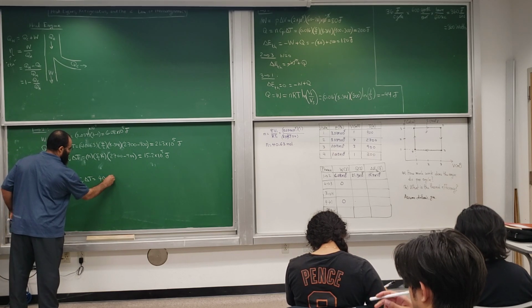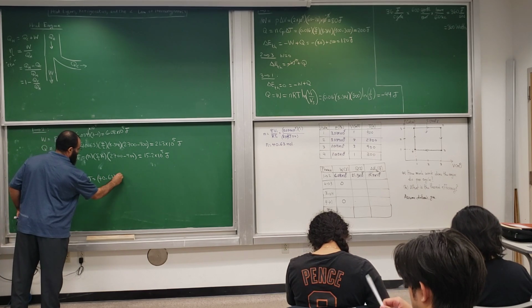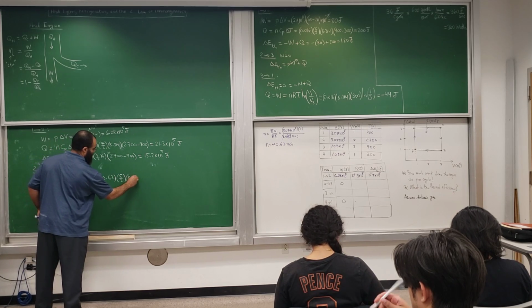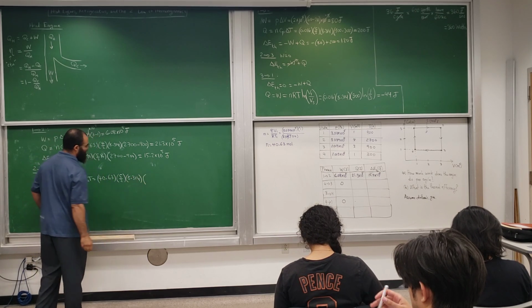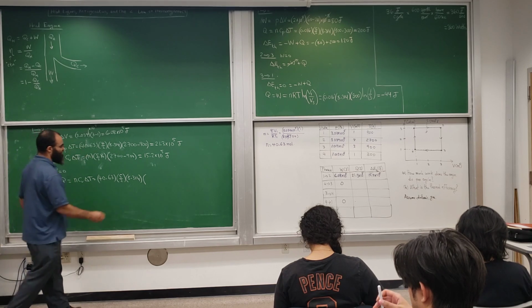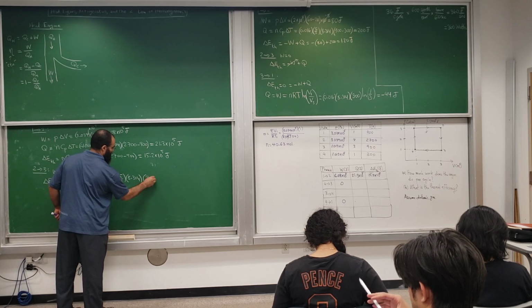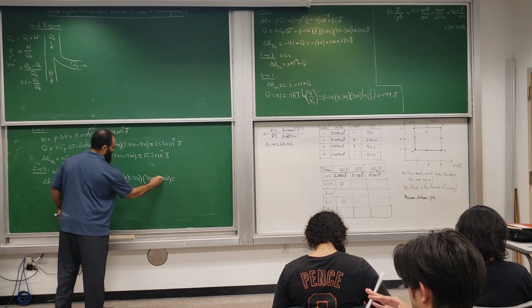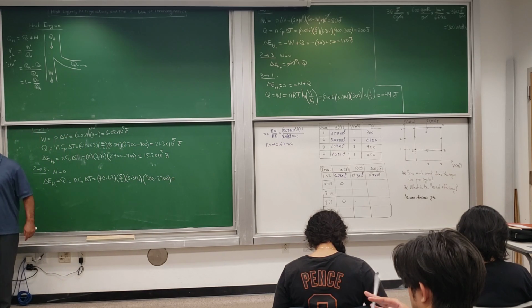So n is 40.63, 5 halves R, and then delta T from 2 to 3, so 900 minus 27. So multiply.